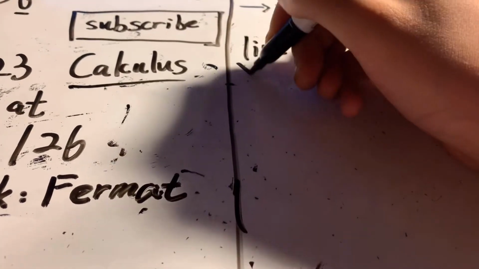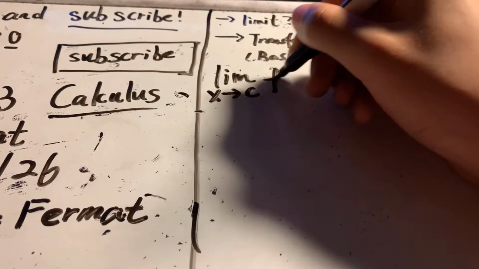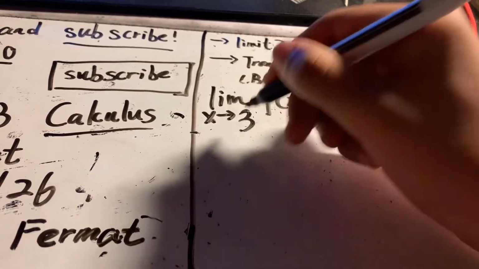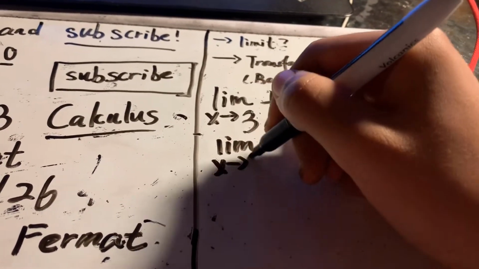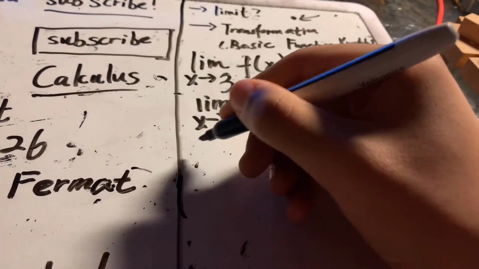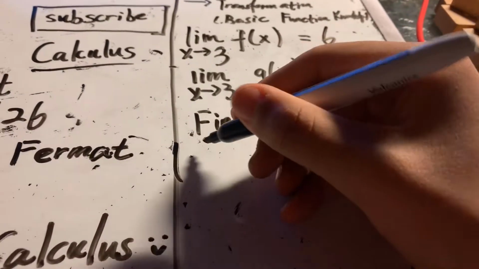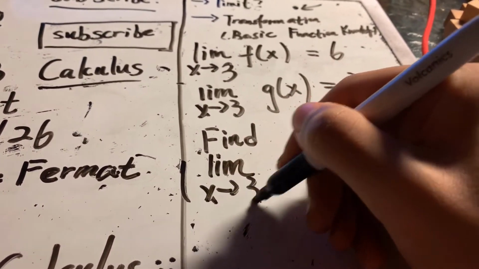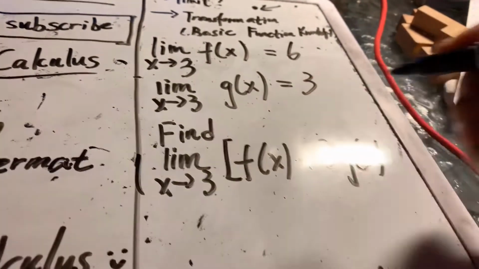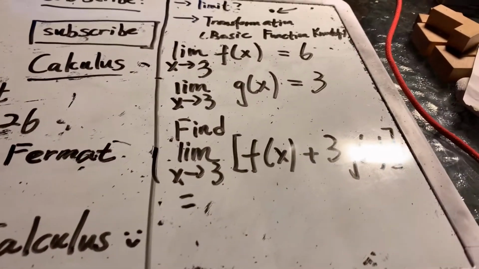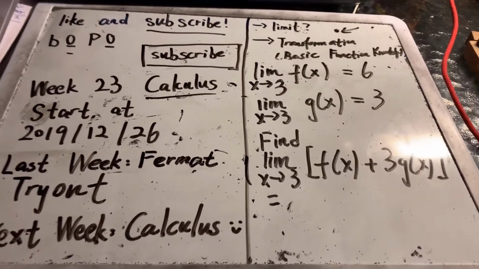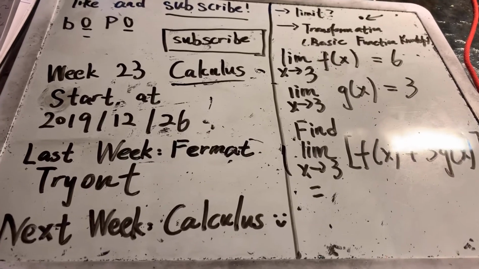Let's give you an example. The limit of f(x) is equal to 6. So this is the problem. Given this problem, you will find it very easy if you have learned the properties of limits.